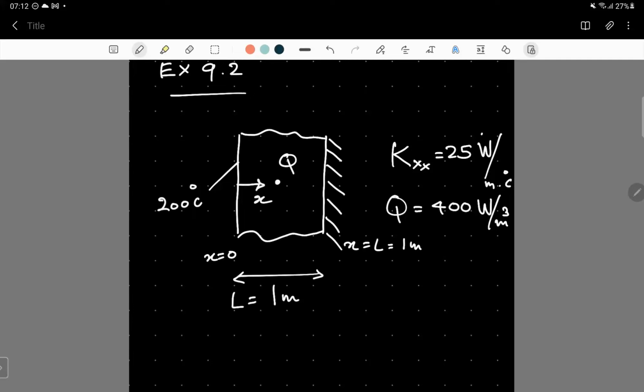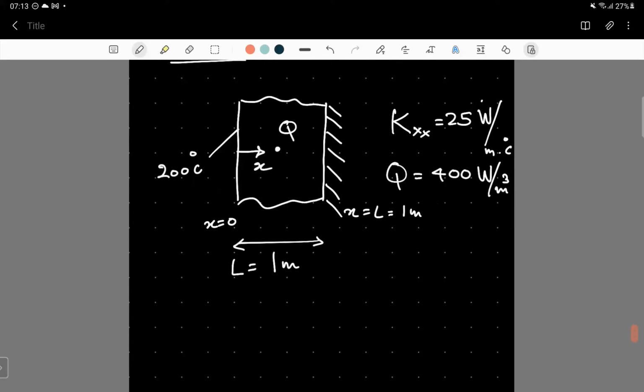So based on these conditions, we are required to find the temperature distribution throughout the wall thickness. And for this, we need to come up with a discretized finite element model.